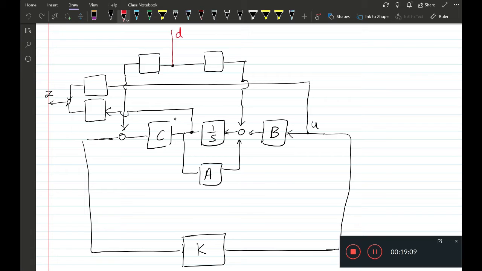So here you have a semi-filled block diagram. Let's try to see what G is exactly here.